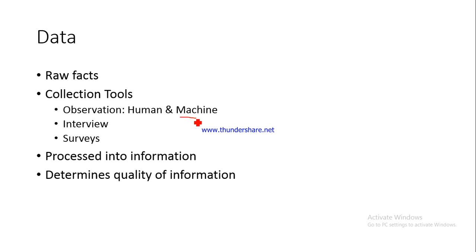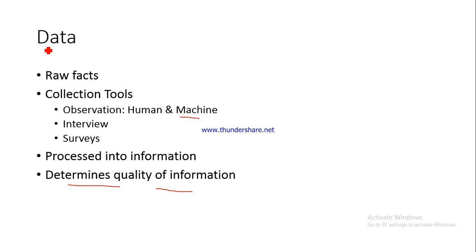Now this again is very, very important. You should understand that it is the data which determines the quality of information. If the data is of bad quality, if the data has so many errors, inaccuracies, then the information will also be inaccurate, it will also be error prone. You have seen this dictum, garbage in, garbage out.